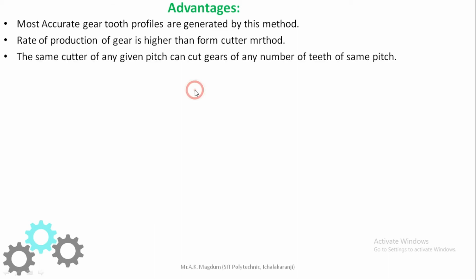Next, the same cutter of any given pitch can cut gears of any number of teeth of the same pitch. That is a very important advantage. Whatever the pitch size is, according to that pitch size we can easily manufacture the gear teeth over that surface with the help of the same cutter.